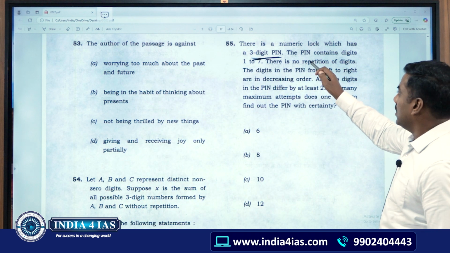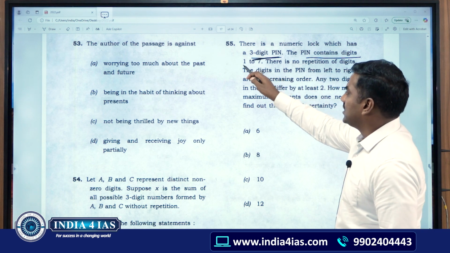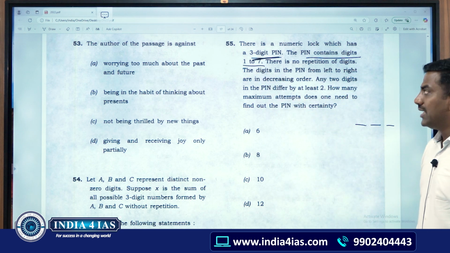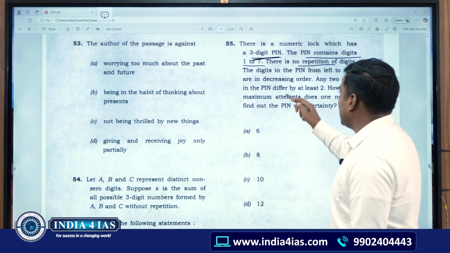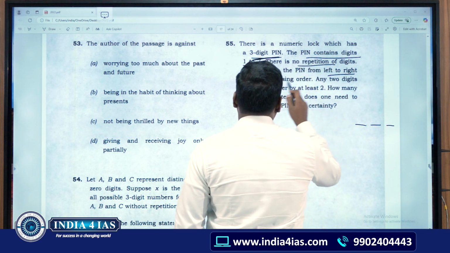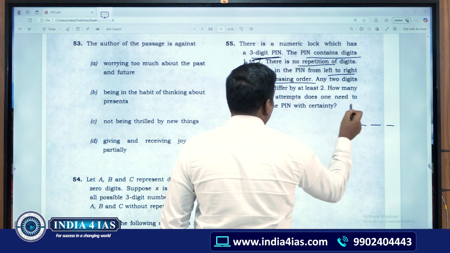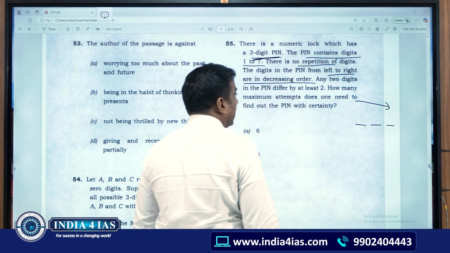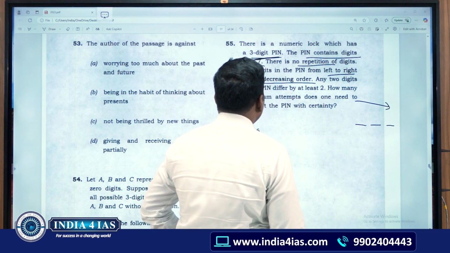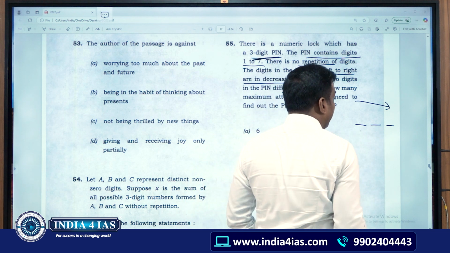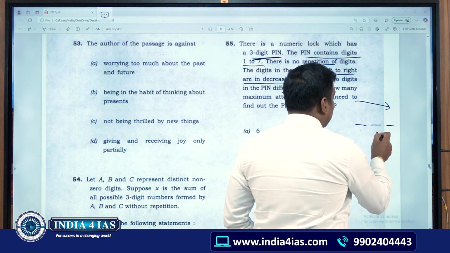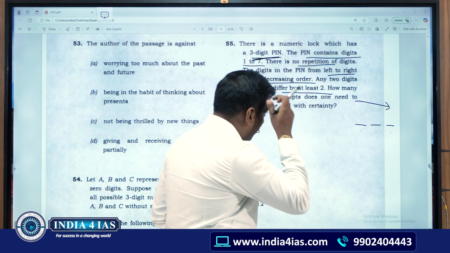But in this one, the pin contains the digits 1 to 7 only. There is no repetition of digits. The digits in the pin from left to right are in decreasing order. From here to here, it is in decreasing order. Any 2 digits in the pin differ by at least 2. This to this will be a gap of 2, this to this will be a gap of 2. Okay.